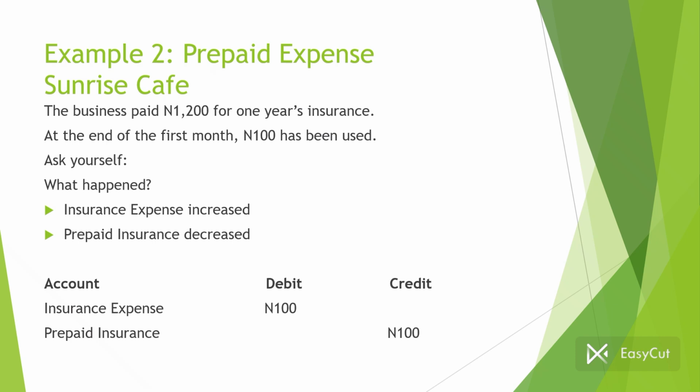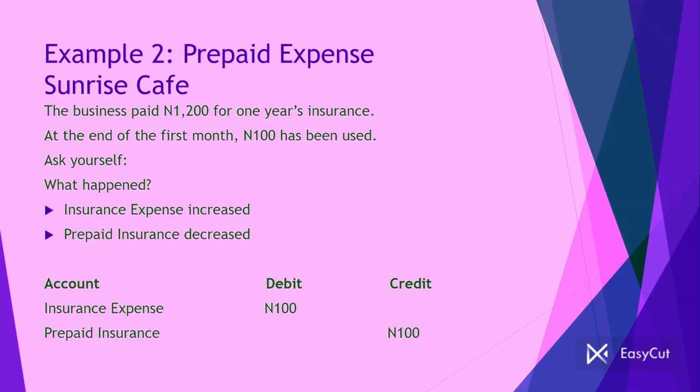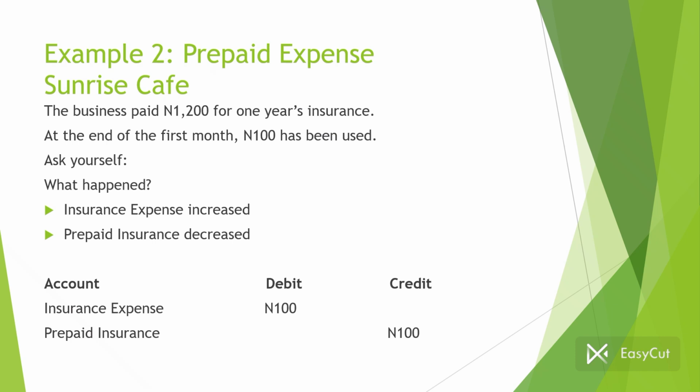We have not incurred the expense yet, but we have paid for it, so it's for the future. So what will you do? Debit insurance expense because our expense increased, and credit prepaid insurance. Since it is an asset, it has a debit balance, so if it is reducing, it will be on the credit side, which is why prepaid insurance is credited with 100 naira.